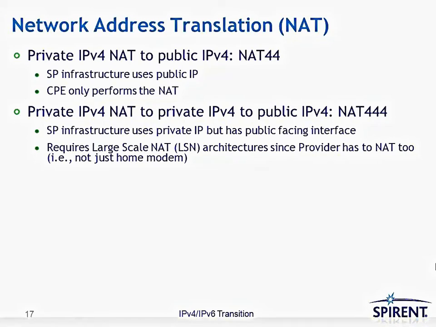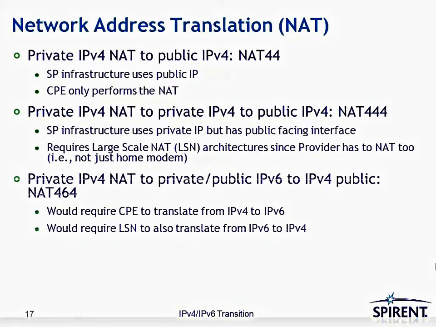So the service provider infrastructure also uses a private IP, but as a public-facing interface. That enables a larger scale of using public IP addresses with more private clients behind it. However, at the service provider edge, it does require a large-scale NAT solution, or LSN, architecture, since the provider has to NAT, not just the CPE or home modem. Of course, there can be scaling issues with that.